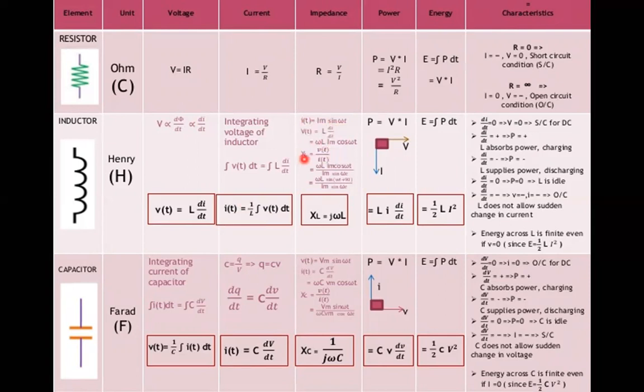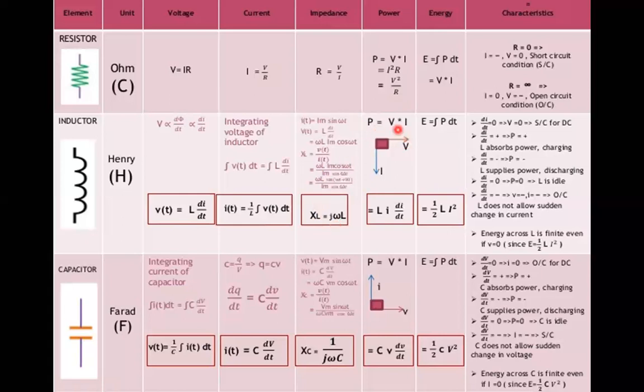Impedance is nothing but V by I. Substituting both values, we get impedance as omega L sin(omega t plus 90) divided by I max into sin omega t. From here we can say that the impedance is equal to j omega L.